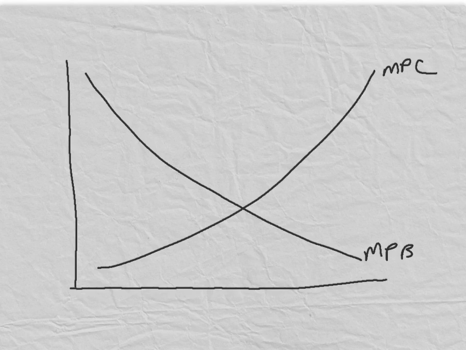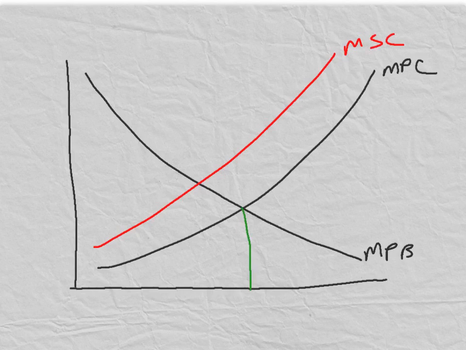We know that some goods have negative externalities, and what this means is that the marginal social cost is always higher than the marginal private cost. We can see that the market will reach an equilibrium here, where the marginal private cost is equal to the marginal private benefit.